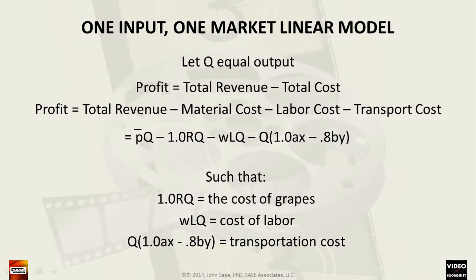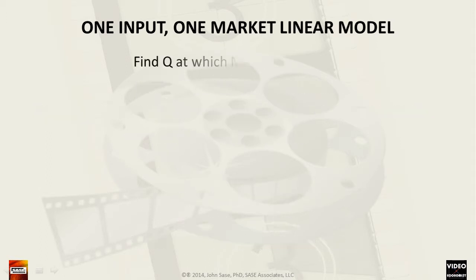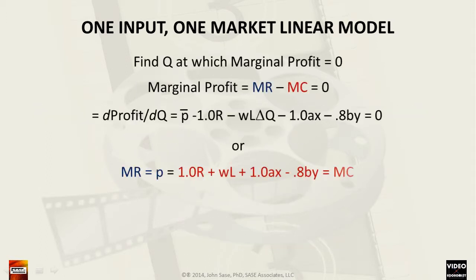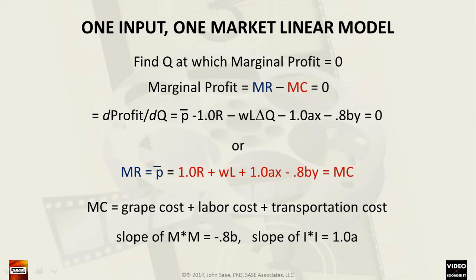To solve our location problem, let's first determine the optimal production quantity of the winery. We can express this condition in a number of ways, as the optimum occurs at the quantity that maximizes profit for the winery. Its marginal profit must equal zero.